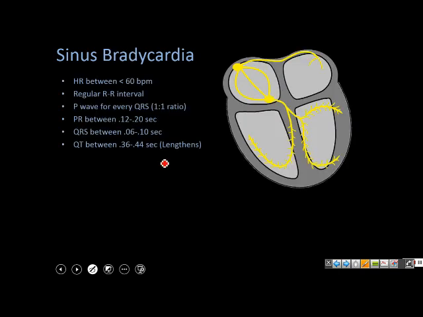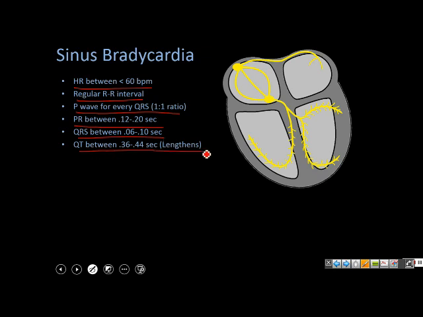Okay, sinus bradycardia, that's when your heart rate is less than 60 beats per minute. R to R still regular, still a P wave for every QRS. PR is between 0.12 to 0.20. QRS 0.06 to 0.10. All that should be unchanged.